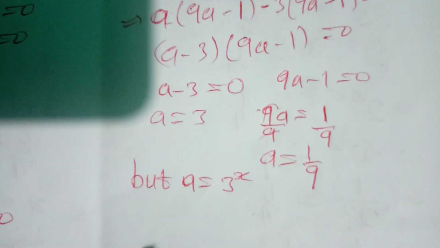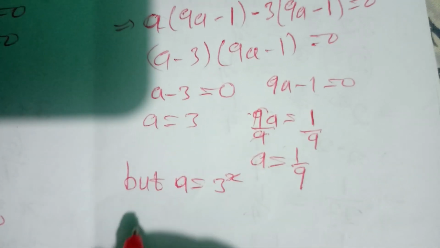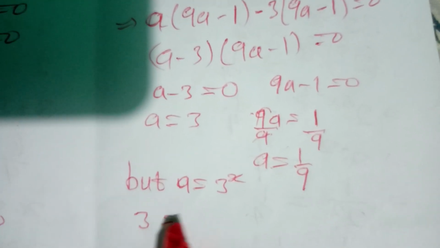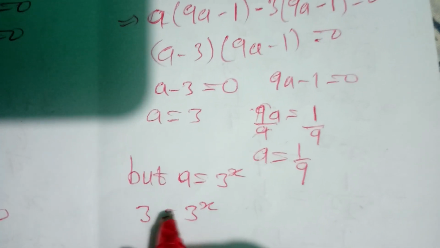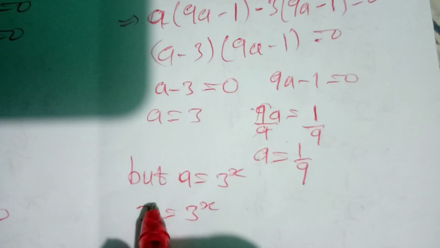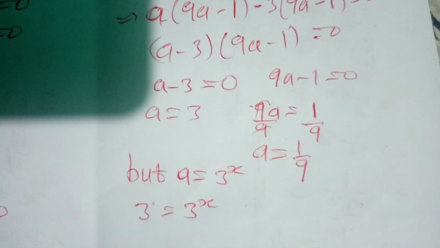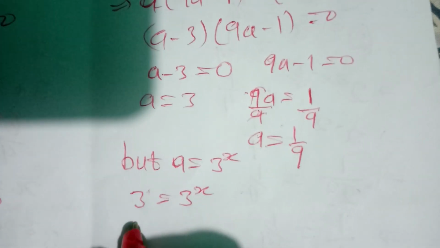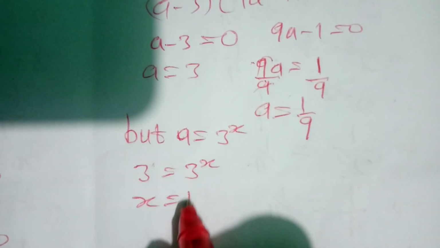So we just need to substitute it back. So considering a to be equal to 3, we have 3 equal to 3 exponent x. Now, this 3 is already raised to the power 1, but because it is positive, we don't usually put the 1 there. So now the bases are the same. We can equate the exponents.